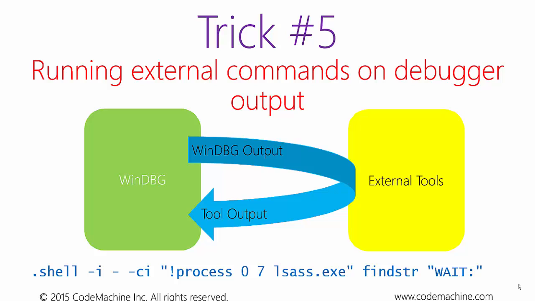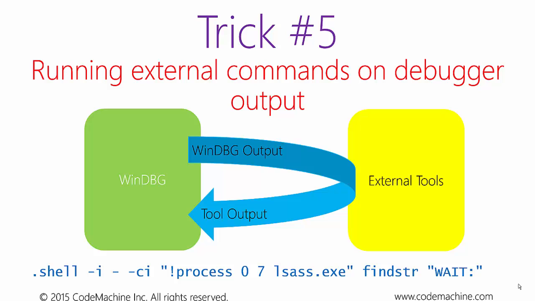WinDBG has a built-in feature that makes it very convenient to do this directly without ever leaving the debugger environment. This is achieved by the .shell command, which allows us to run external executables on the raw output of the debugger commands and then get the results back in the debugger for examination.